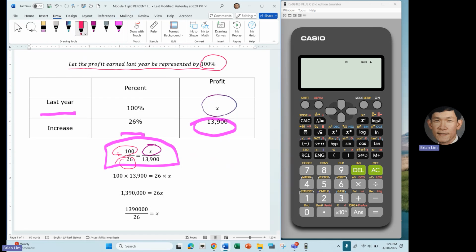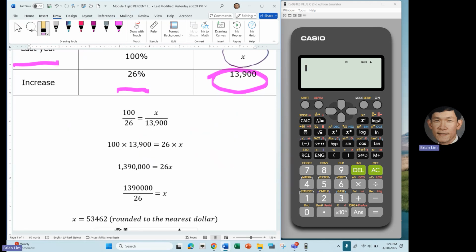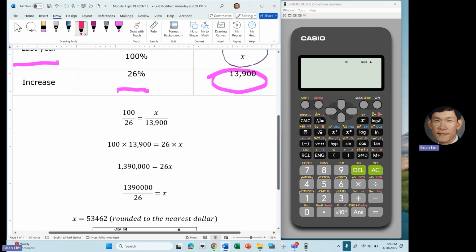And the 13,900 is equivalent to this 26% we are seeing right over here. Okay, so really it's an equation, which is what an equation is. It's equivalent quantities.